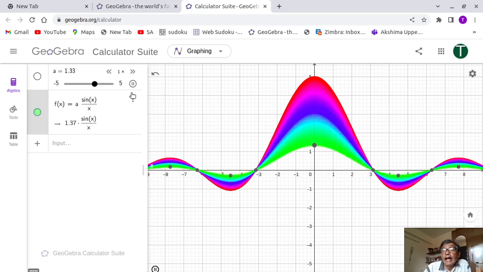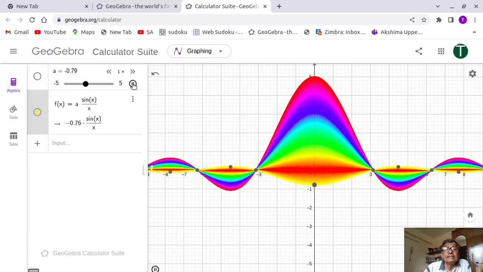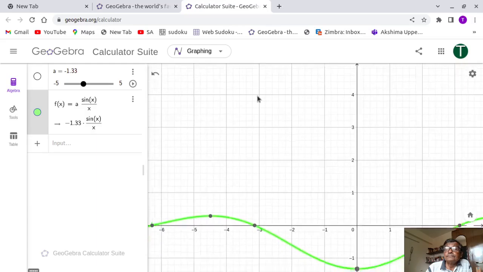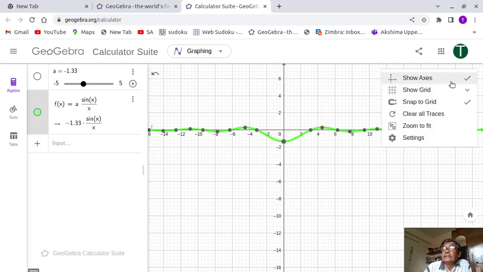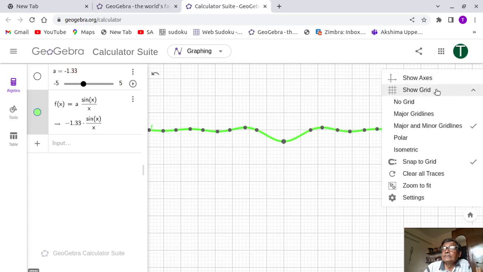Okay, and since it is a multicolored thing, it is better you always go to no grid, show axis.